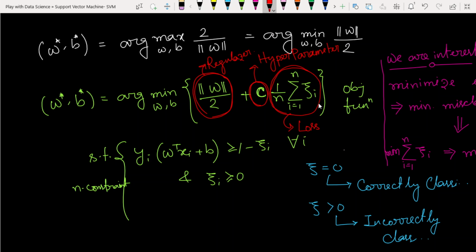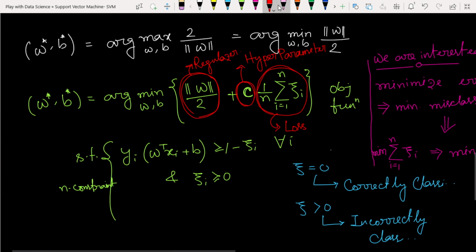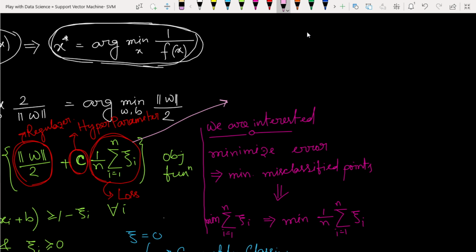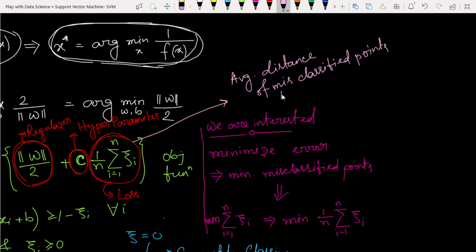And this loss function is simply the average distance of the misclassified points from the correct planes. Correct planes means what?